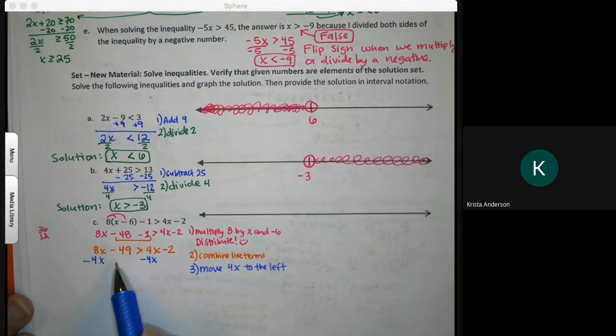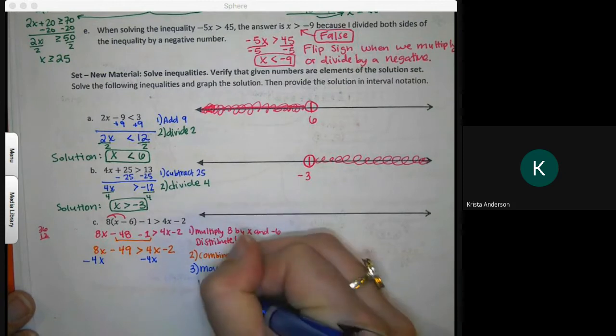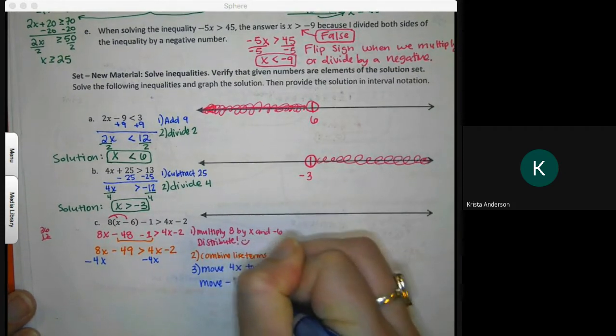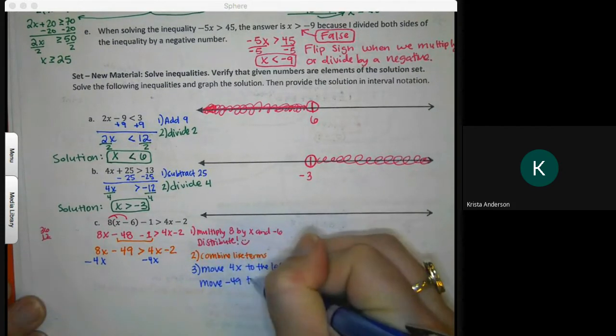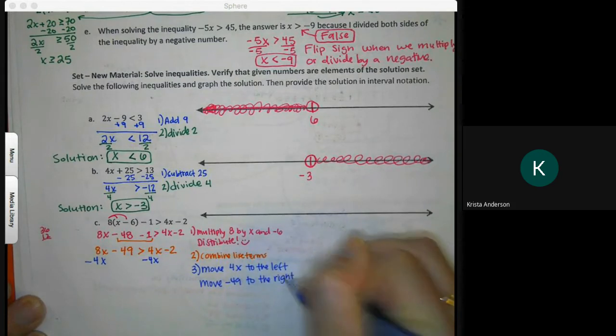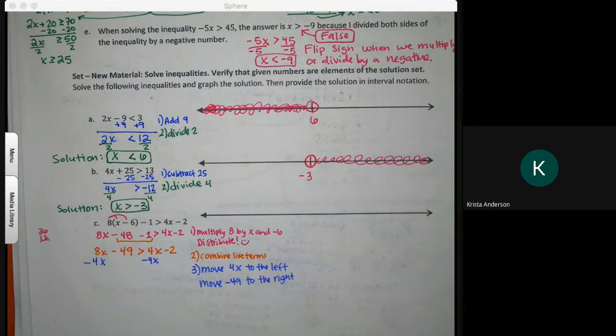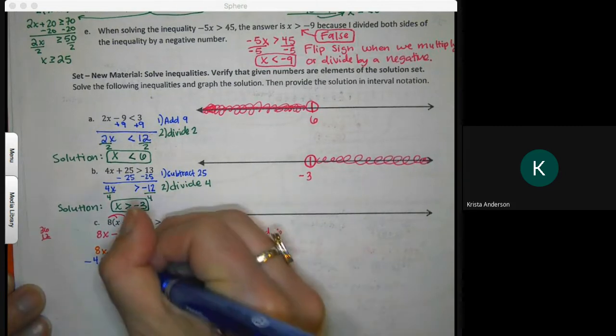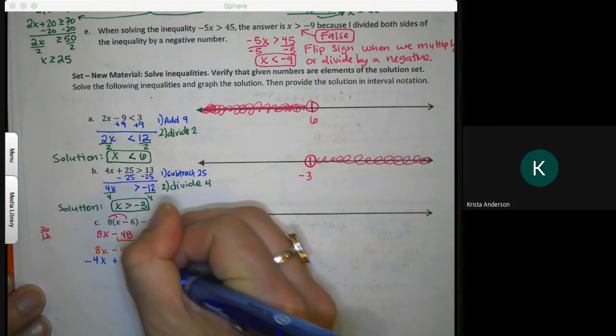Move it to the right. Okay, before I write this in, is everybody okay with the minus 4x? Okay, because I moved the 4x to the left, the 49, I'm going to move it to the right by adding it.